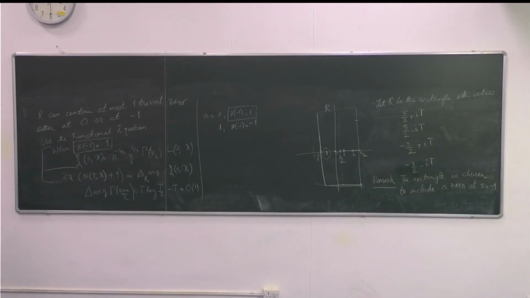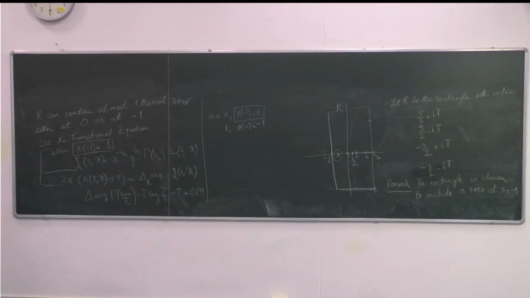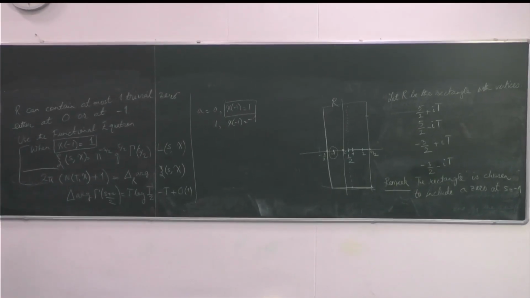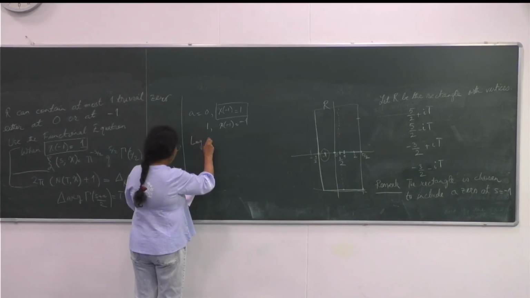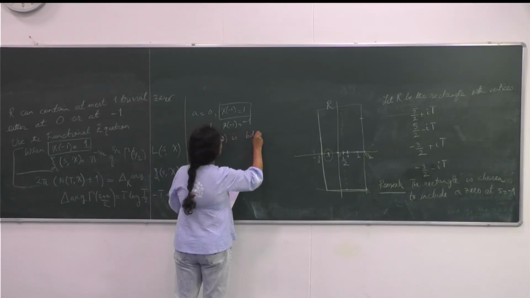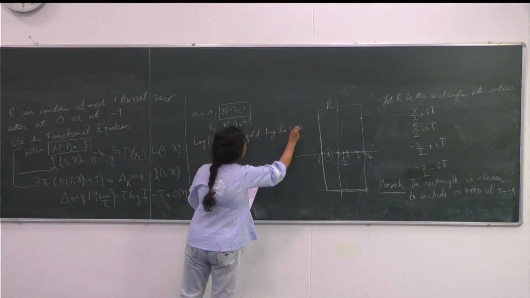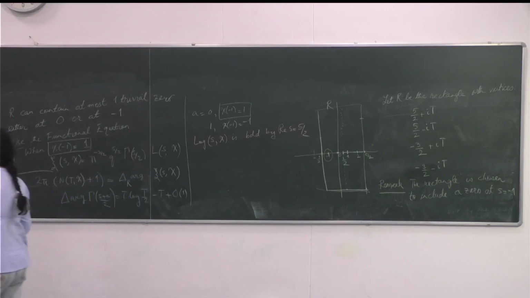So log L(s, chi), no wait. So log, real s equal to half by 2.